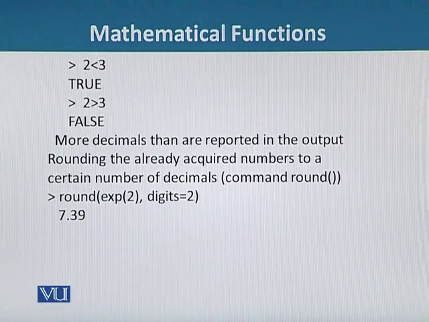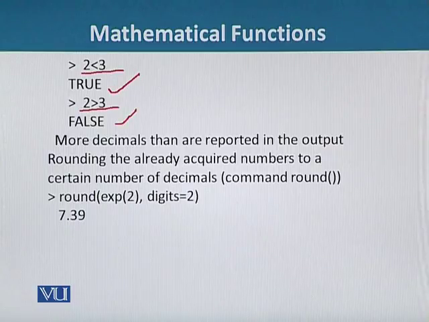For example, 2 is less than 3, so this is true and we will get the answer true. But if we use 2 is greater than 3, then obviously this is false and we will get the answer false.